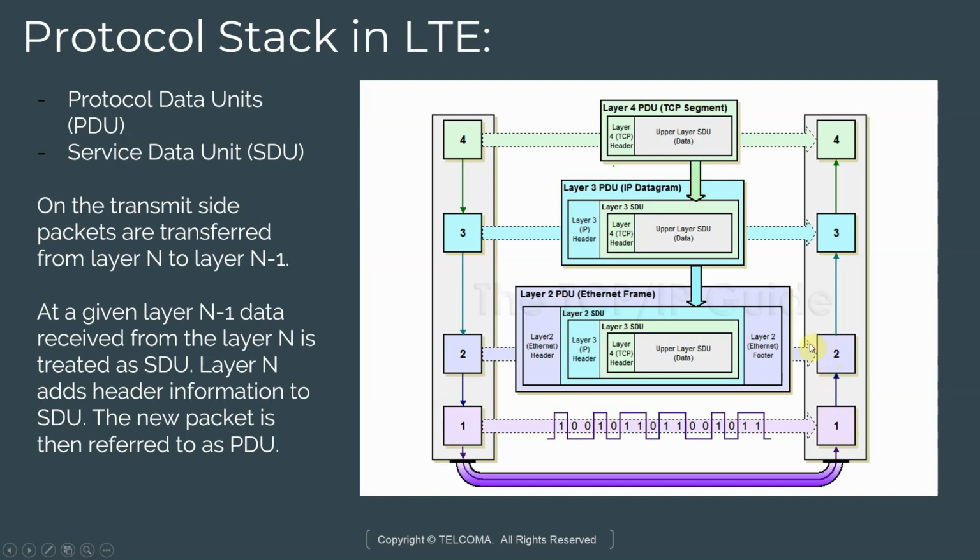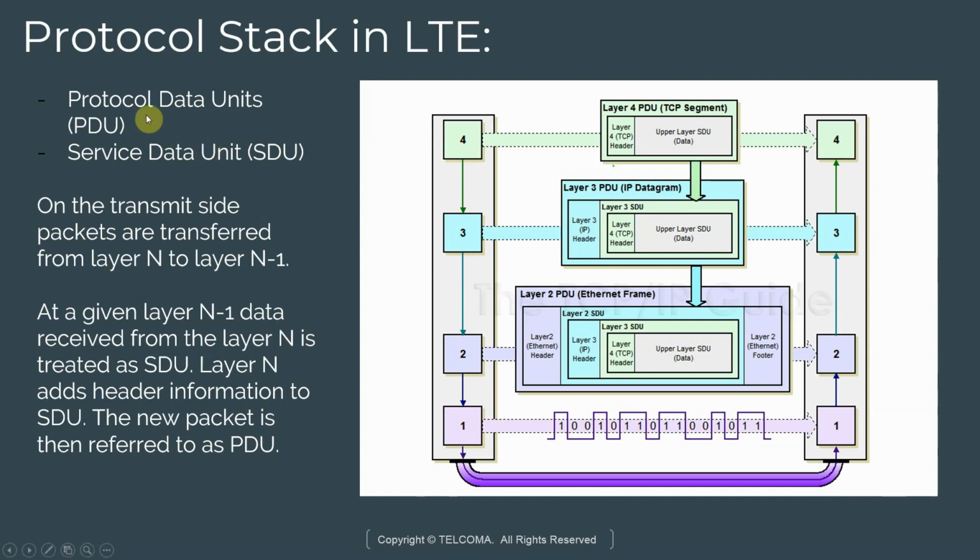Layer 2 receives it. It strips off the header information and then passes on to layer 3, where the layer 3 header is stripped off and passes on to layer 4, and so on and so forth. So as you can see, there is encapsulation of data happening, and then decapsulation as it's being transmitted from a transmitter to receiver.